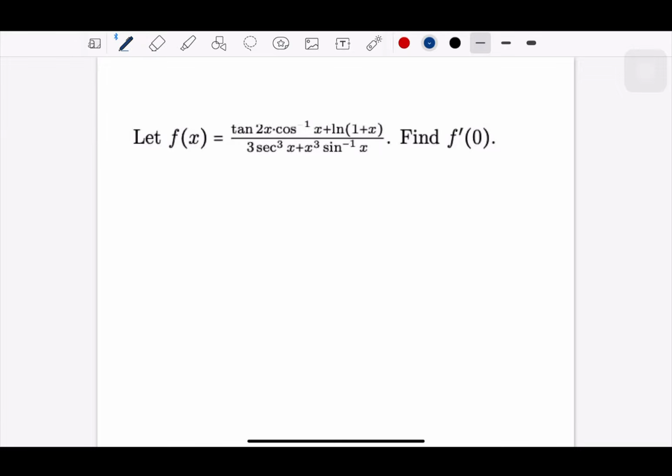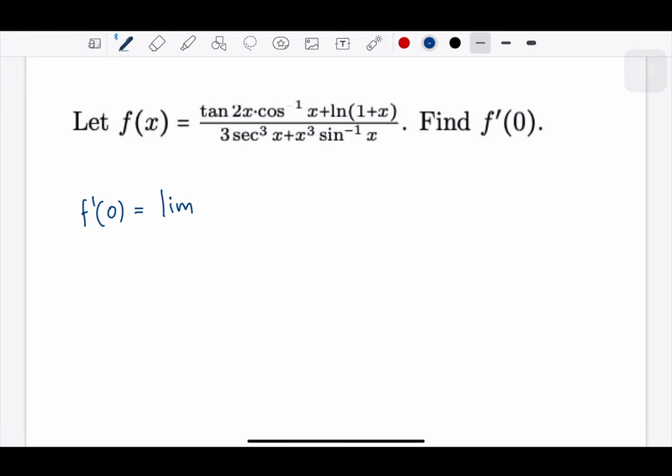Let's write this definition first. I believe sometimes it really becomes a powerful tool when you're dealing with some complicated functions.